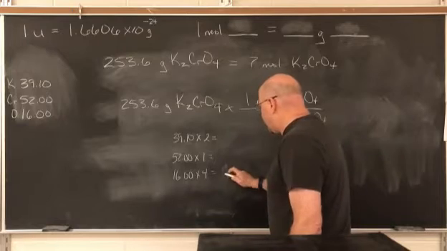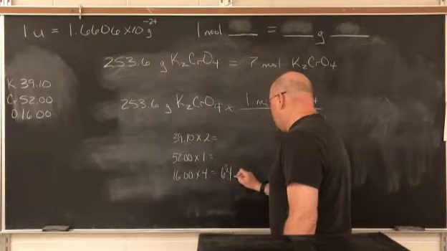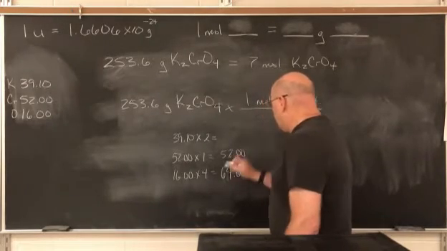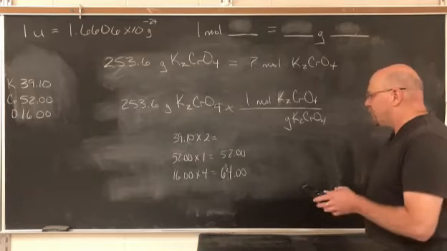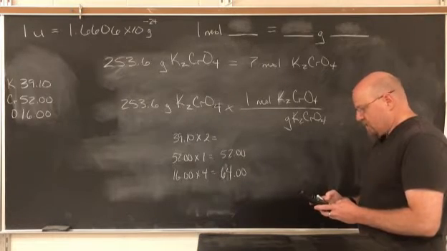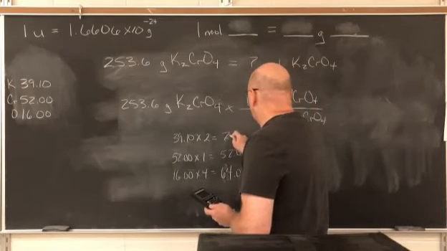Let's do the easy math. That's going to be 64. This is going to be 52. And I got to pull out a calculator for the 39.10 times 2. It's going to be 78.2.